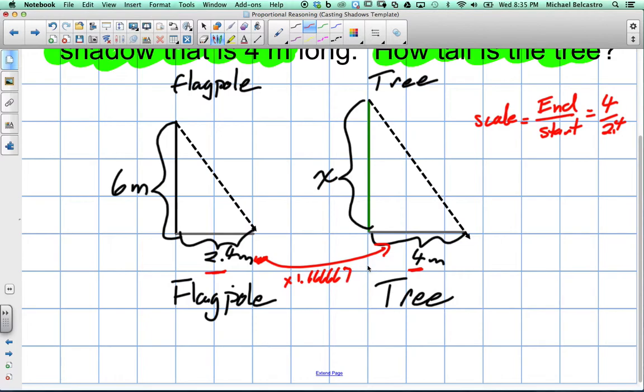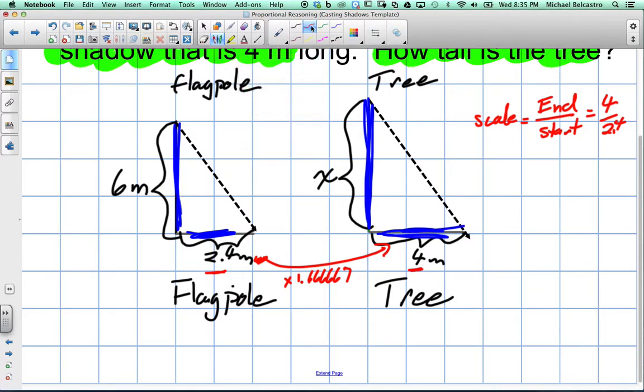I want to be as accurate as possible. If I just round it to like 1.67 or even 1.7, there's going to be some rounding errors. So let's try to keep this as accurate as possible. What that means now, to figure out the height, and because these are the two pieces of information that are the same, these are the heights, these were the shadows, that's why we knew they were the same.